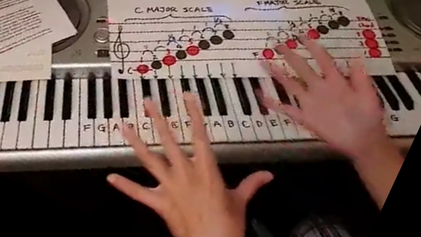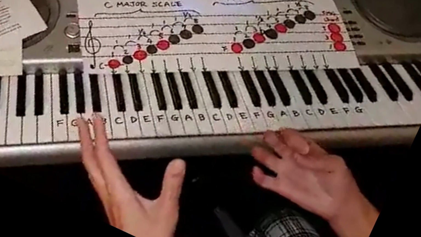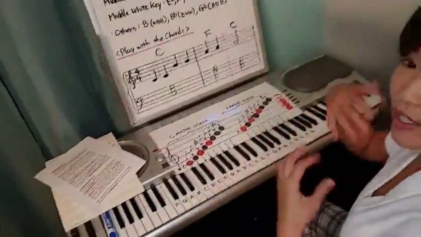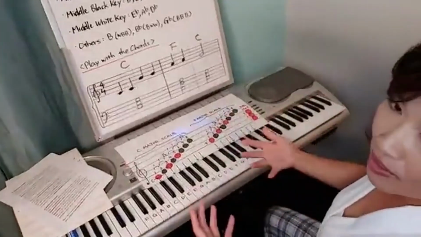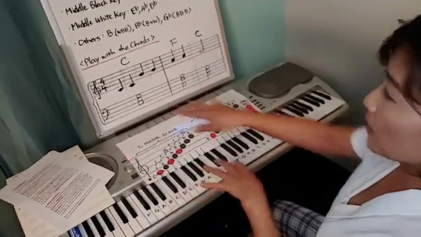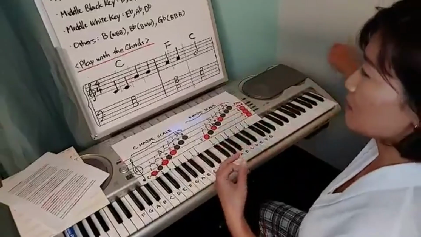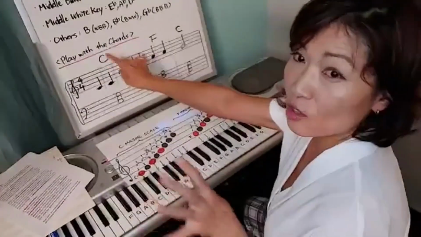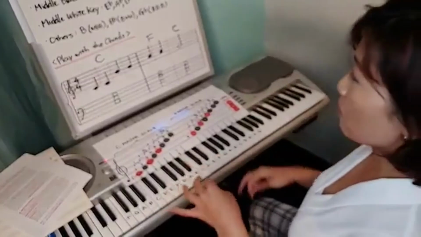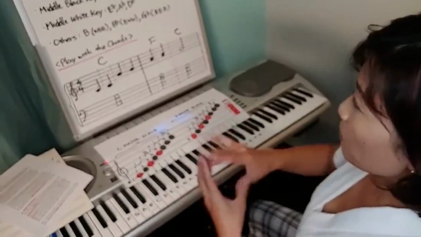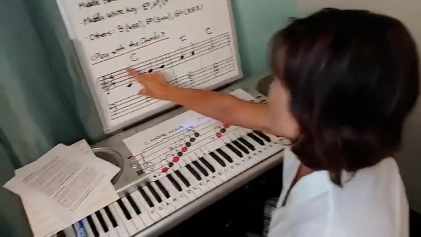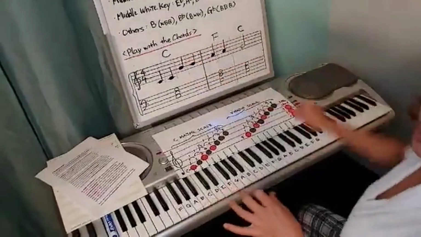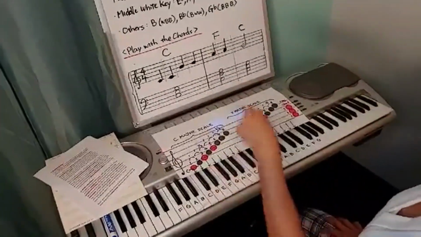So learning about the chords is very important because usually when there's a singer and you want to accompany, you play the chords. You don't play the melody. Somebody can just sing the melody and what you focus on are the chords that you're going to play. Or if you can read music and you want to play the melody, then yes, you're going to read the right hand part, which is the melody, and then the left hand will play the chords.